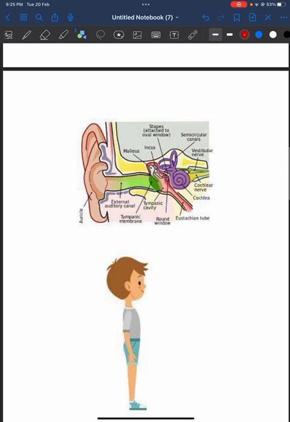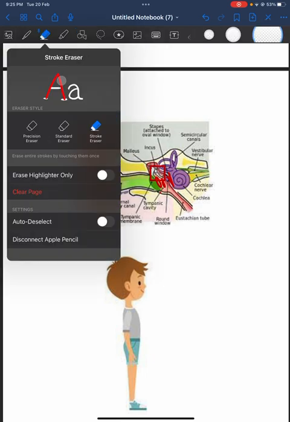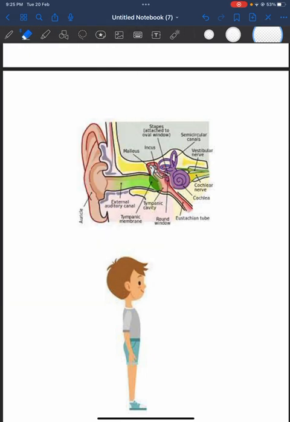See, this will become the medial wall, this will become the lateral wall, whereas this pink portion will become the posterior, and the front portion will become the anterior, and the superior portion will become the superior wall. The inferior portion will become the inferior wall.